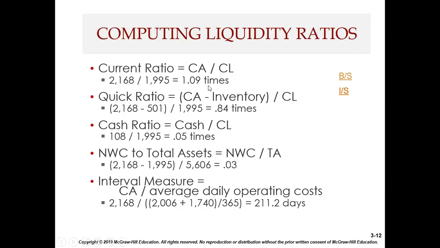What do we get? 1.09. And they use the word times. Okay, so what this is saying is that for every dollar in current liabilities, the company has $1.09 in current assets to pay it. Or this company could pay their current liabilities 1.09 times with current assets.